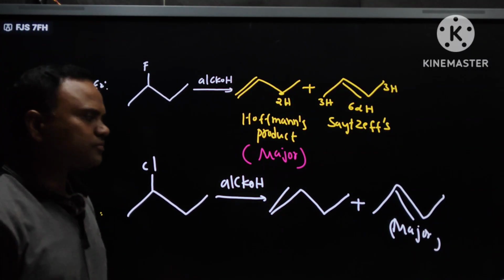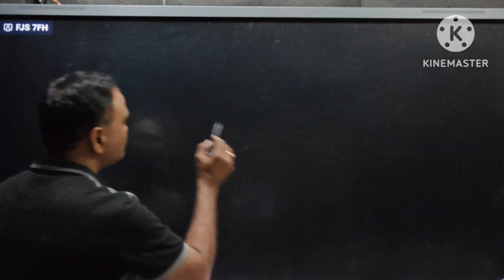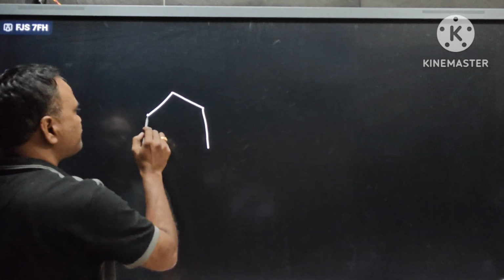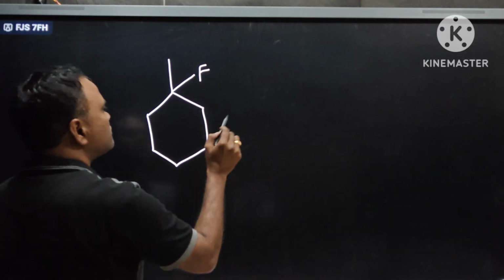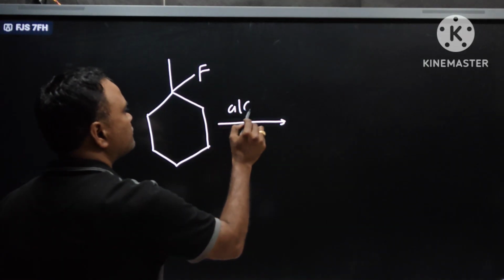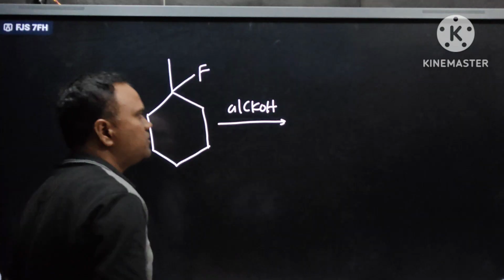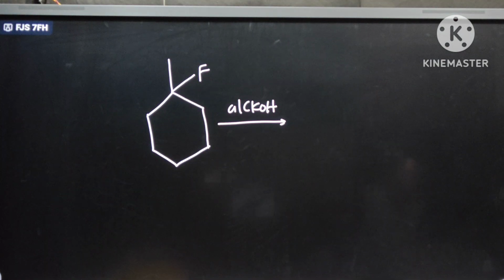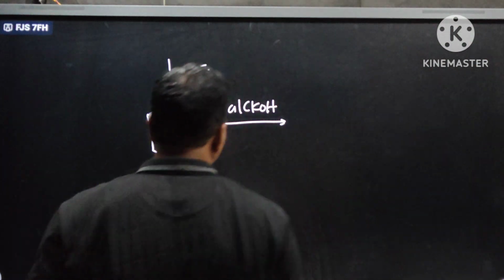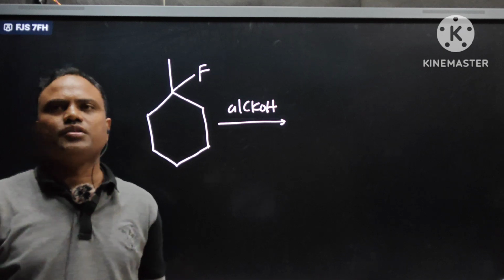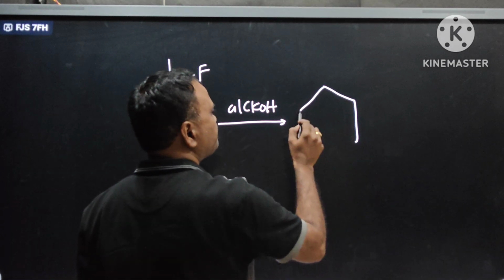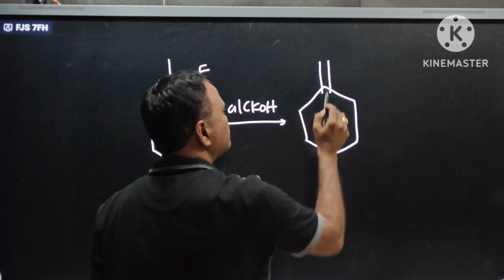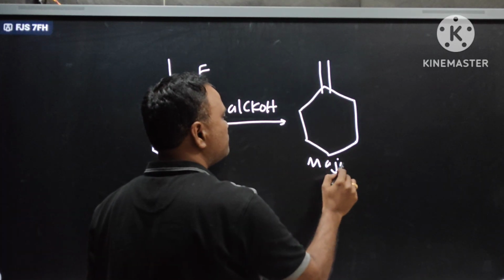Write the product for this. Write the major product. Try this. Look at this. See the major product. This will be the major product.